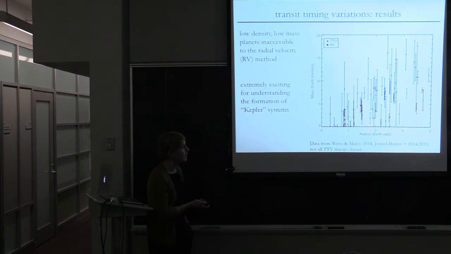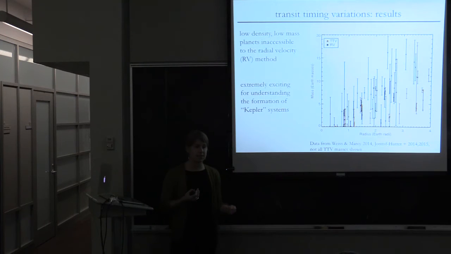And what you can see is that the orange points are systematically lower than the black points. That's because the TTV method suffers from different observational biases than the radial velocity method. Although more massive planets also produce a larger TTV signal, just like they do for a larger radial velocity signal, TTVs are not as sensitive to it. And so with TTVs, we're probing these low density planets.